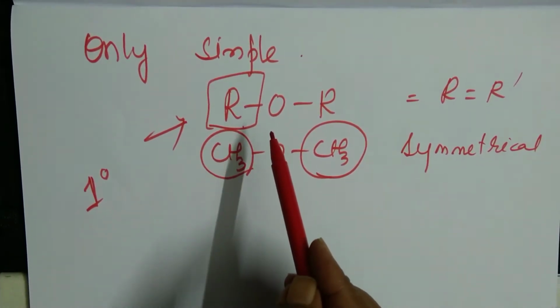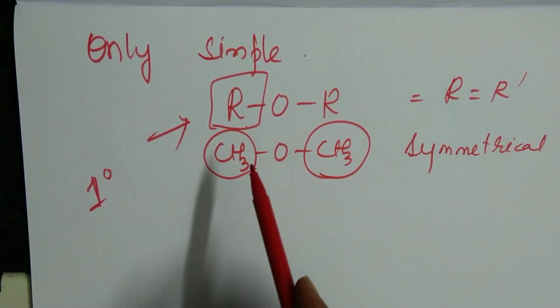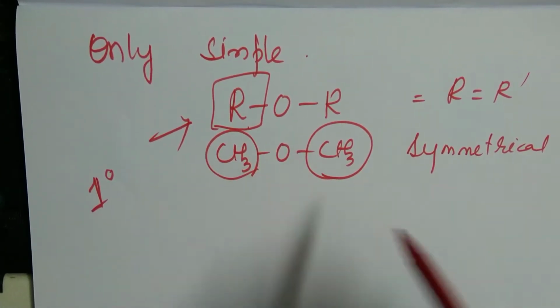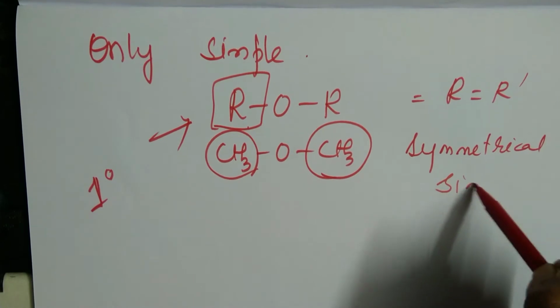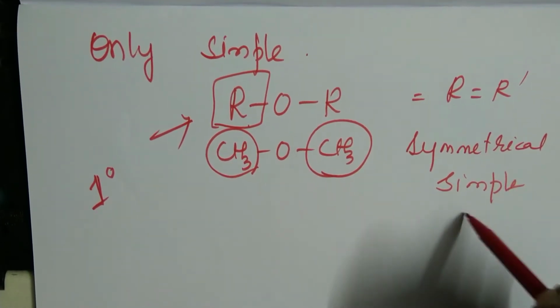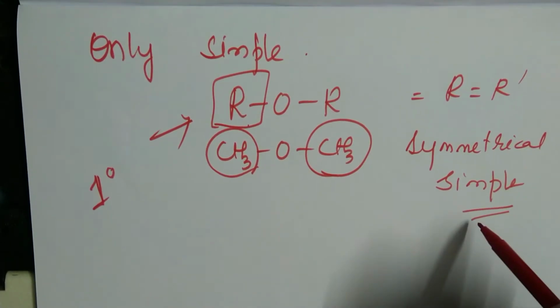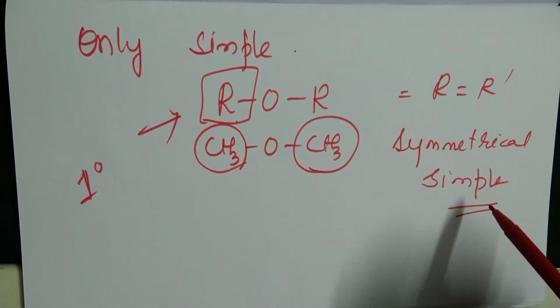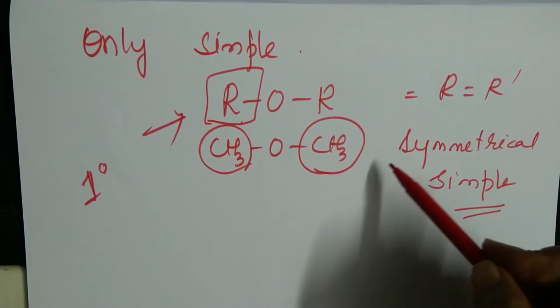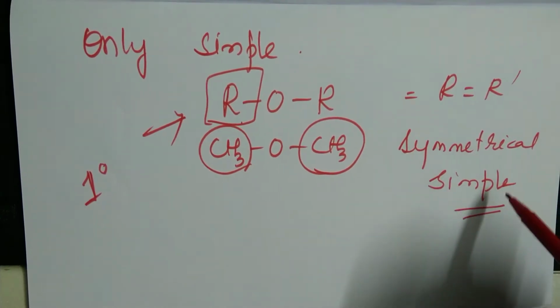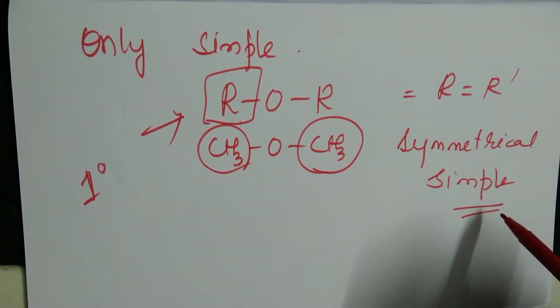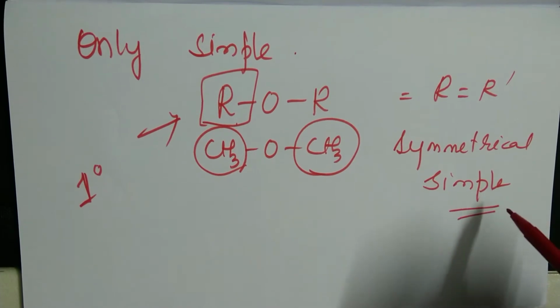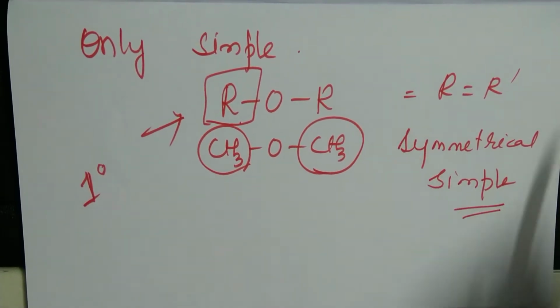So once again, which type of ethers can be prepared? Simple symmetrical ethers can be prepared by dehydration of alcohols using concentrated H2SO4. If you want unsymmetrical complex ethers, then you have to go for Williamson's ether synthesis.